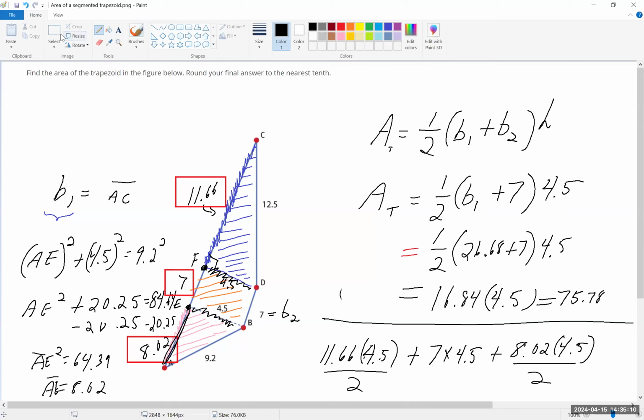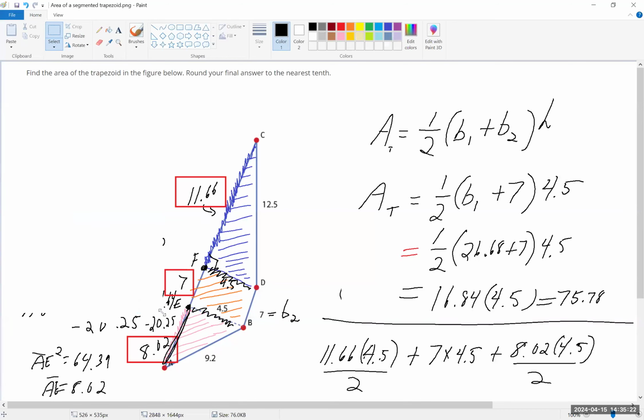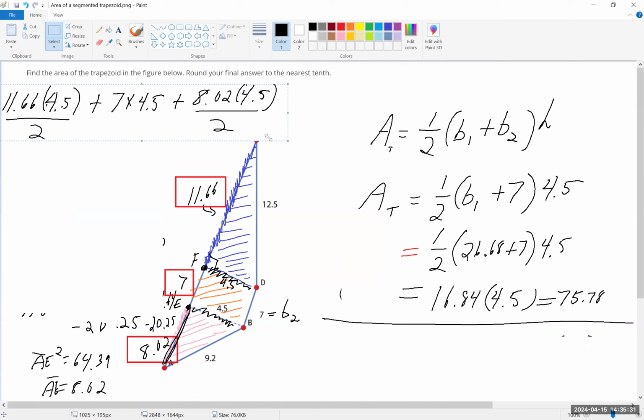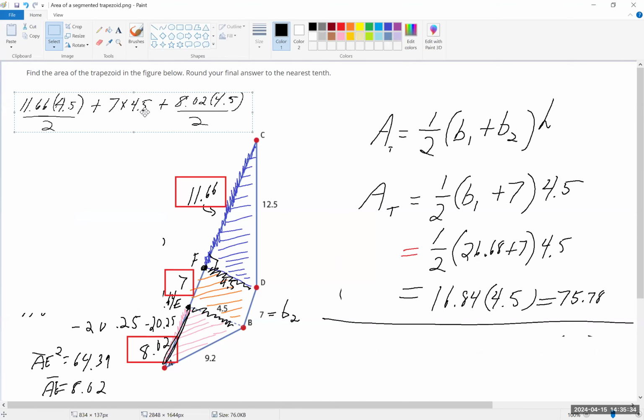And again, it's somewhat tedious work, but not extremely complex. And I'm just going to move it there just because that seems to be where I might have some space. All right. And then, let me just take a quick calculator check. So 11.66 times 4.5 divided by 2.